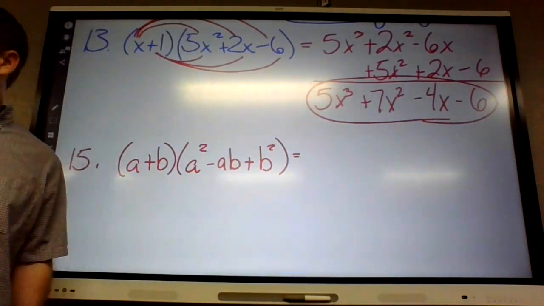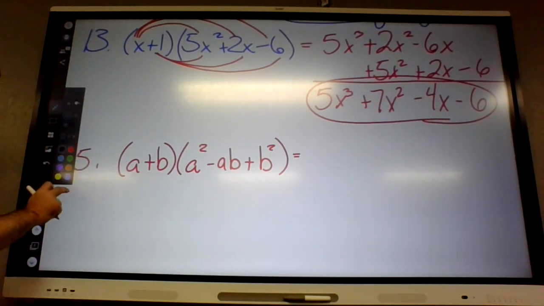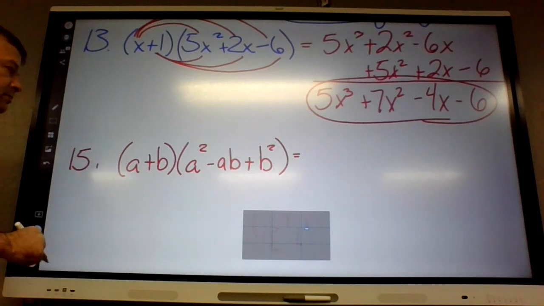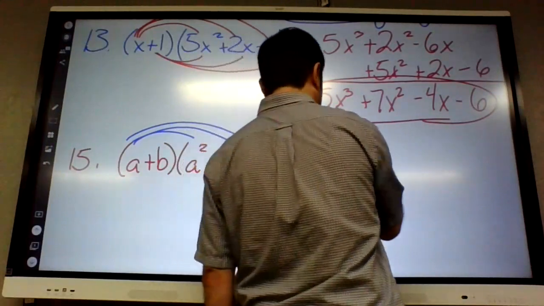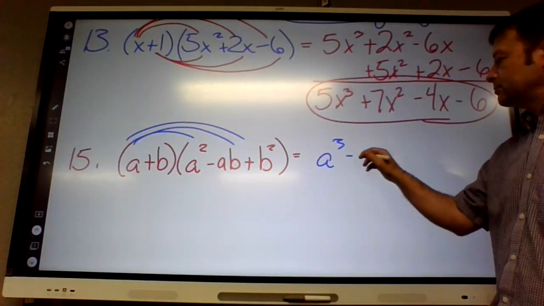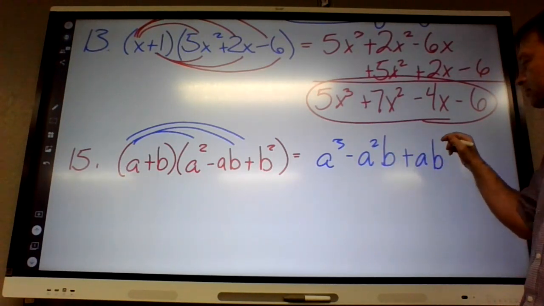All right, we are back to Forrest. So you know what to do now, Forrest? So the a cubed first, a times all those, and then it would be negative a squared b, and then it would be positive a b squared.